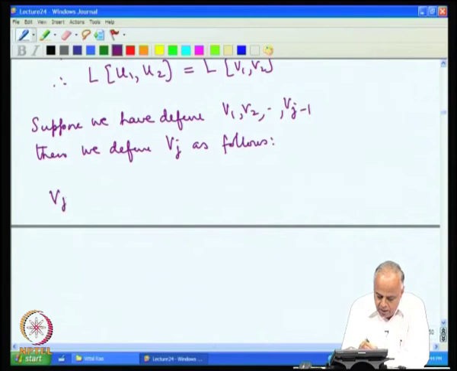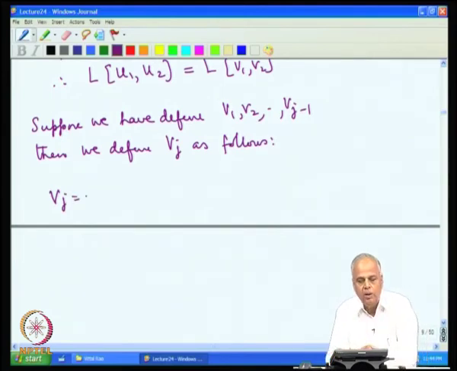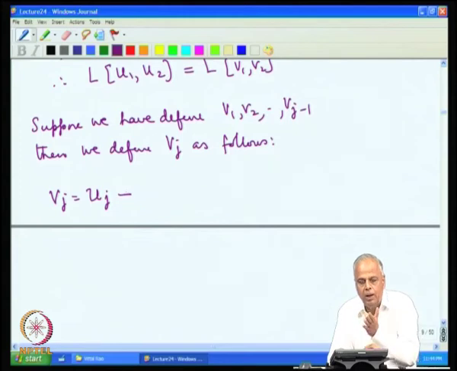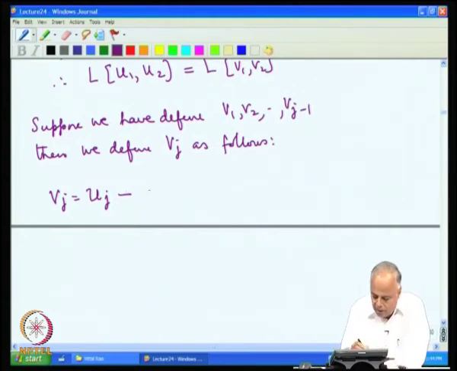For v1 you started with u1, for v2 you started with u2, for vj you start with uj, and then you have to subtract all the information along the projections of the previous directions.